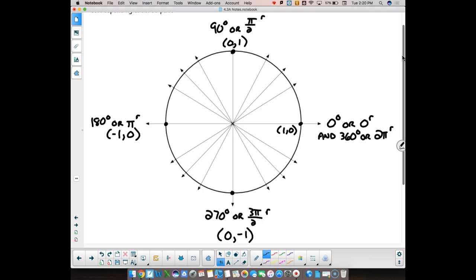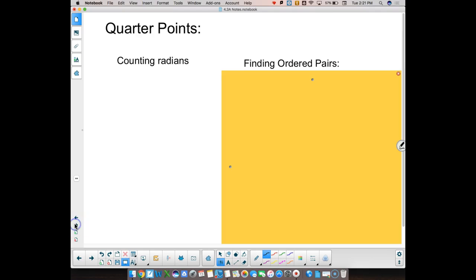Correct? Okay. So, 2 things that we have to do. 1, we have to finish off the other 12 points that are on the circle. But before we can do that, let's take a pause for the cause and let's learn how to count radians.